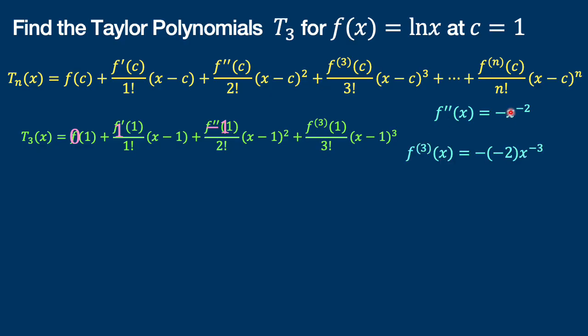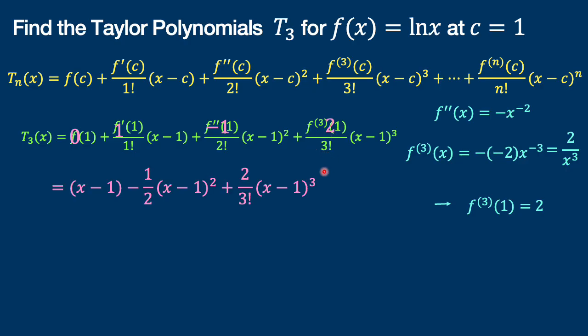The third derivative is going to be negative 2 x to the negative 3. Negative makes a positive, so this one is 2 over x cubed. So you plug in 1. The third derivative at 1 is going to be 2.